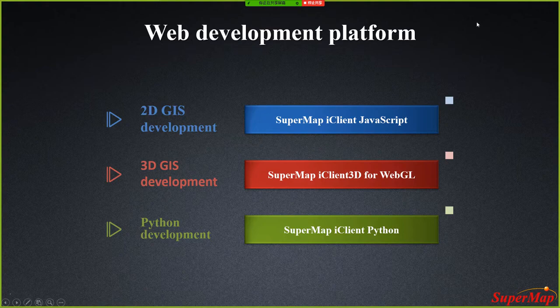The services published by SuperMap iServer are developed on this platform. iClient uses JavaScript to realize dynamic effects by calling the map services published by SuperMap iServer and displaying them in the front-end web browser. So this is two-dimensional JS development.